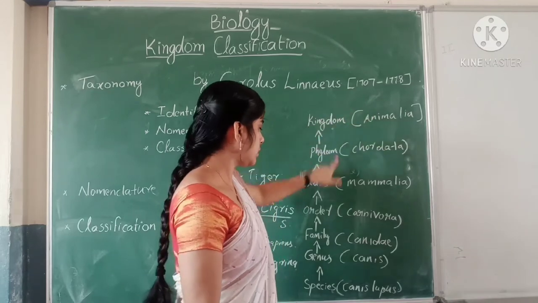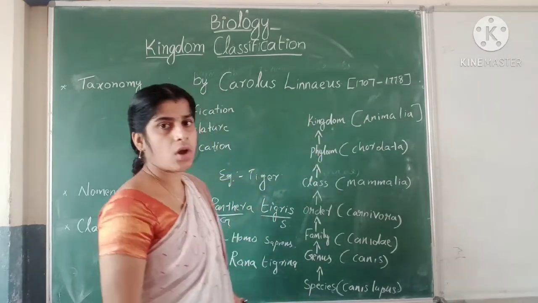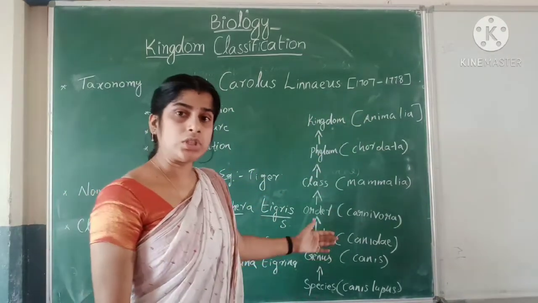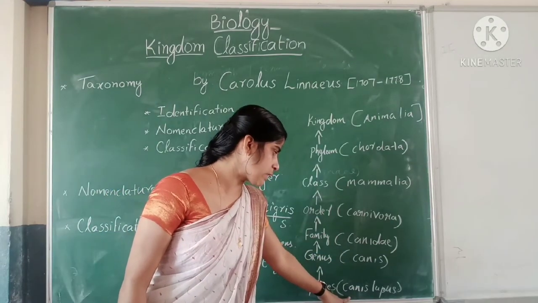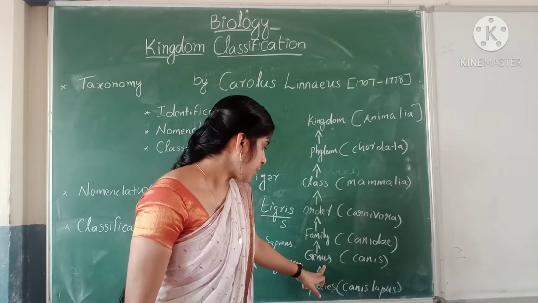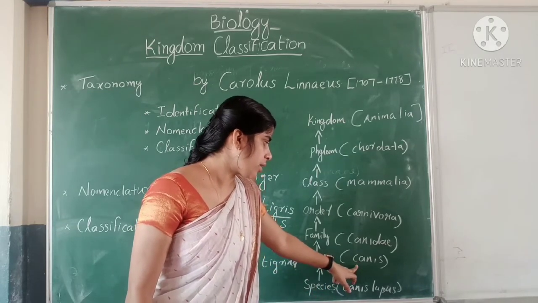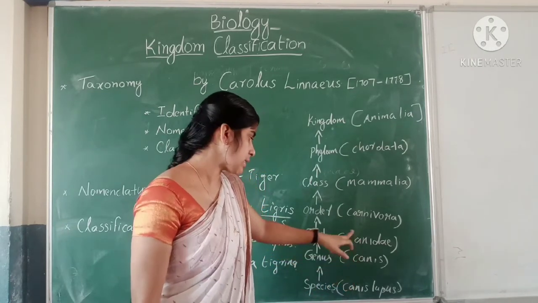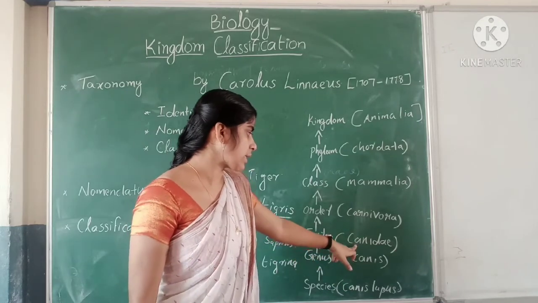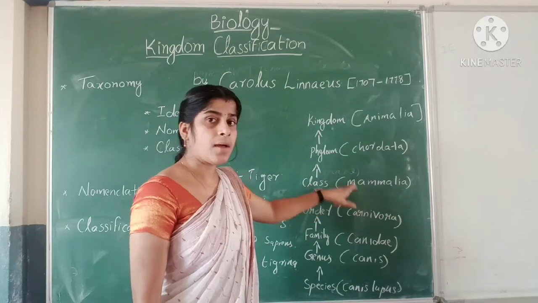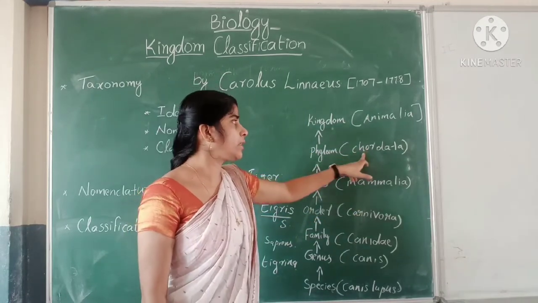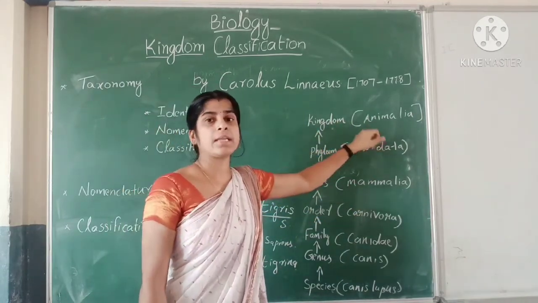So these are the levels of classification of the dog. Once again, Canis lupus is the species name, genus Canis, family Canidae, order Carnivora, class Mammalia, phylum Chordata, kingdom Animalia.